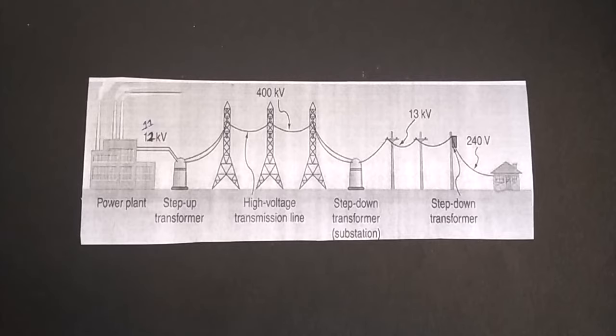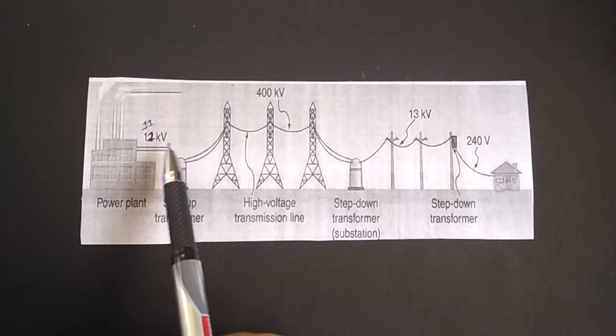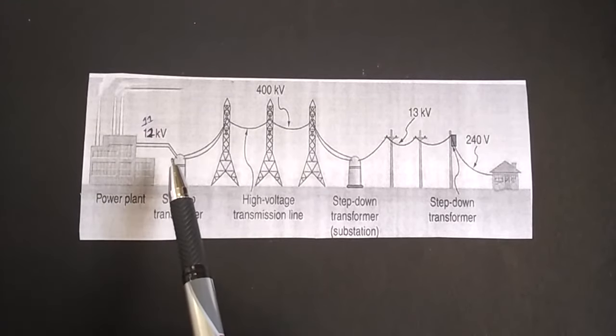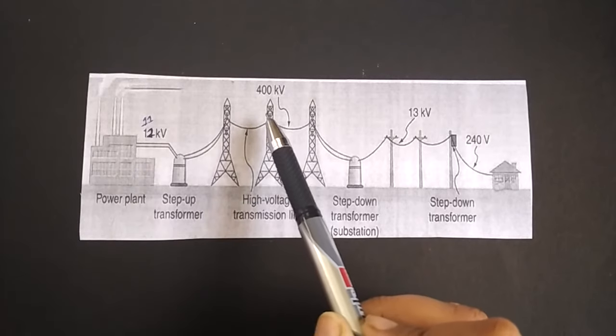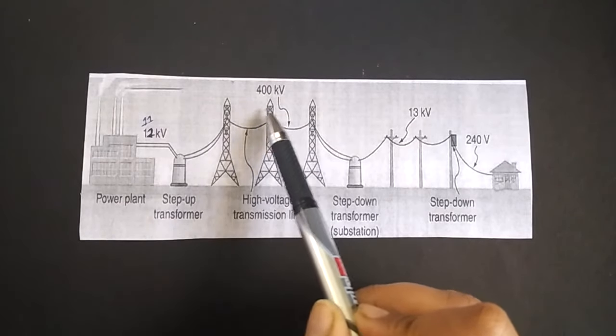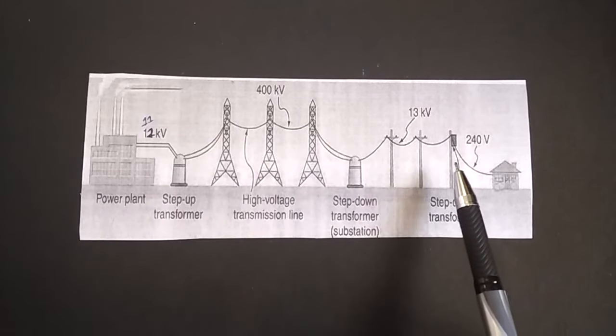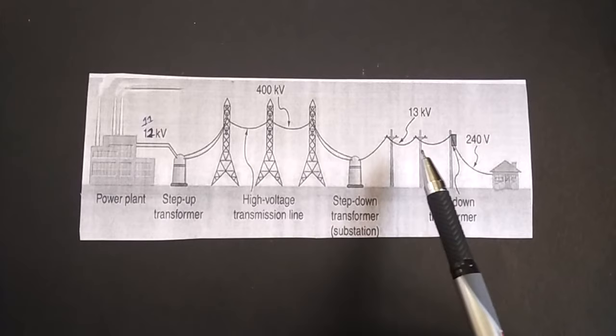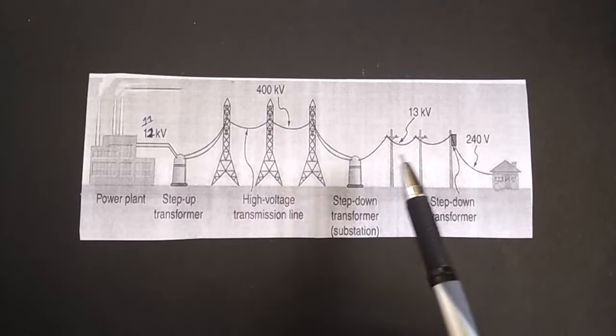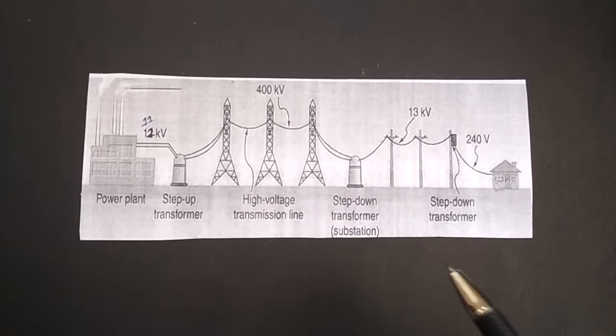So in order to eliminate this problem, we step up the generated voltage. We can step up to a limit of 400 kilovolts, or it can be higher than this. Then again, we cannot use this much voltage in industries or at our homes.